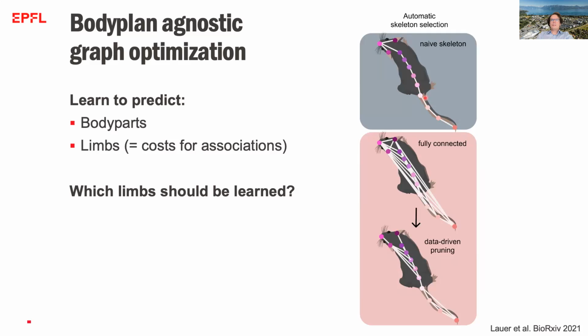Now, the problem for this, what we call here a naive skeleton, would be, imagine there was another mouse that jumps over this mouse here. And if it would occlude the back of this mouse, and in particular occlude a bunch of those part affinity fields, then the model wouldn't be able to reliably predict those part affinity fields.